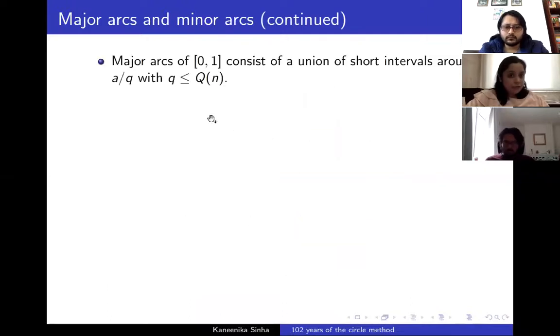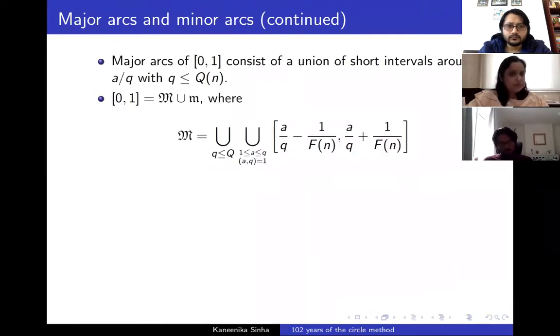So what we now do is take the major arcs of 0 to 1 to consist of a union of very short intervals centered around these rational numbers a by q, where q is bounded above by some suitable bound which depends on little n. You don't have to worry too much about the technicalities here.